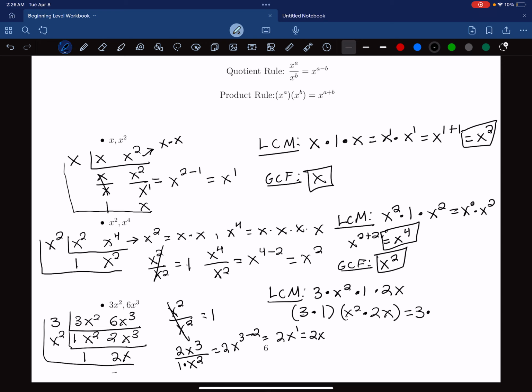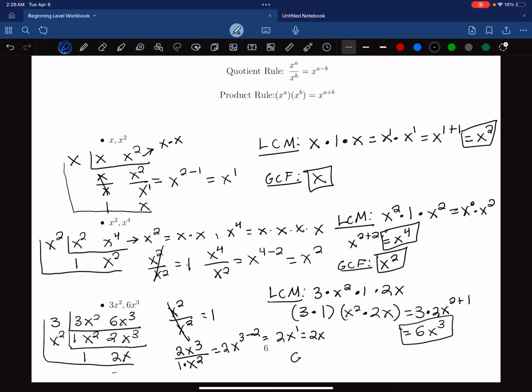So you get times 2, and then we get x to the 2 plus 1. 2 plus 1 is 3, and 3 times 2 is 6. So we're going to get 6 times x cubed. That's our final answer for our least common multiple.